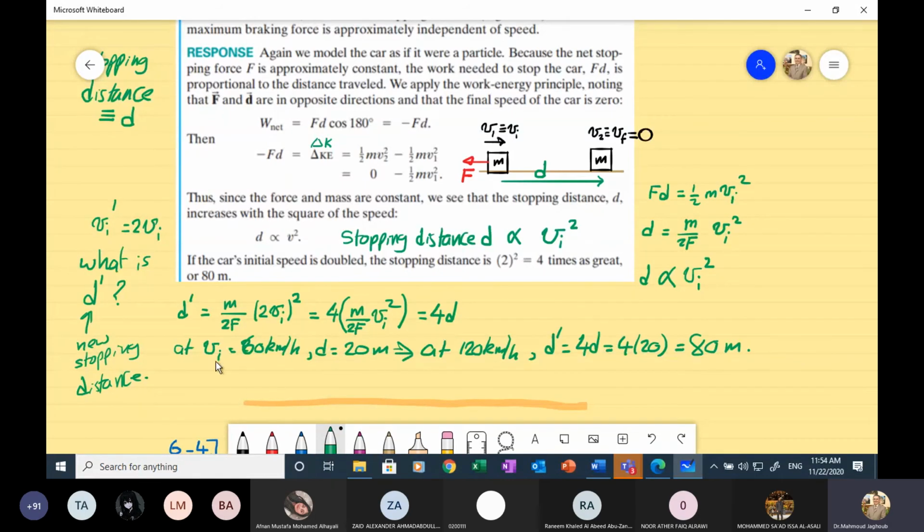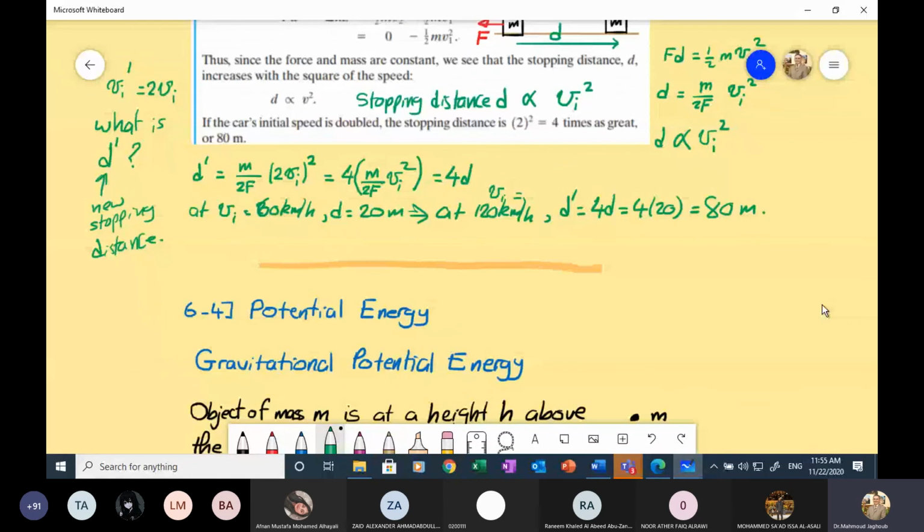So at v initial 60, d equals 20. At v initial equals 120 kilometers per hour, d prime, the new stopping distance, equals 4d, which equals 4 times 20, which is 80. This shows us that when you double your speed, the stopping distance quadruples.